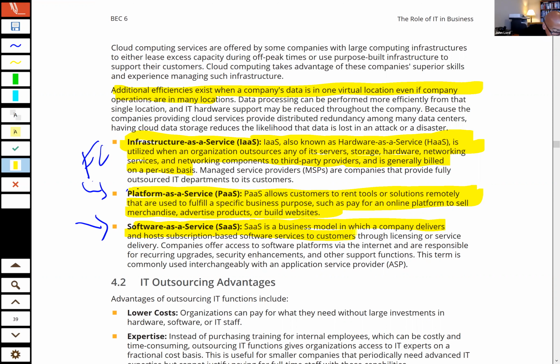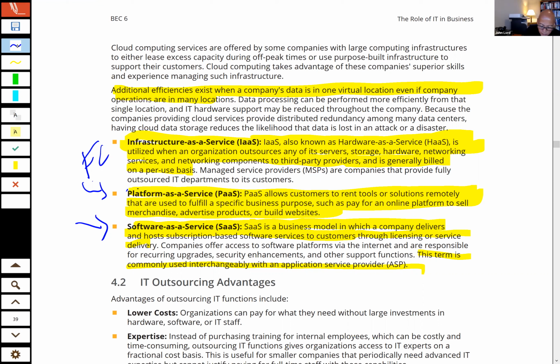But you take a look and they tell us that they give us licensing services and deliveries, and they tell us this term is commonly used interchangeably with application service provider. So that's why I hear Apple talked about a lot as being a SaaS company, but to me, they're probably more an application service provider. But go ahead, get into that argument with somebody and see where that goes.